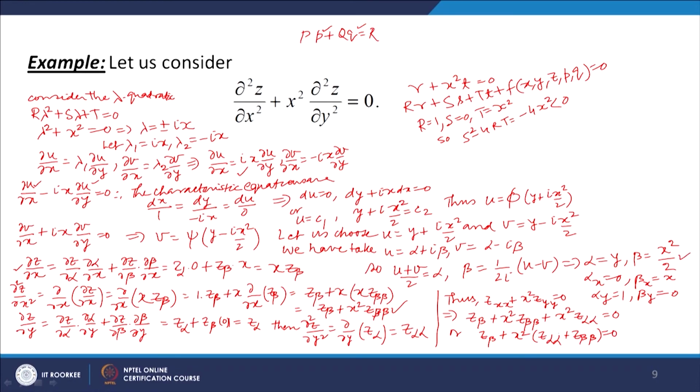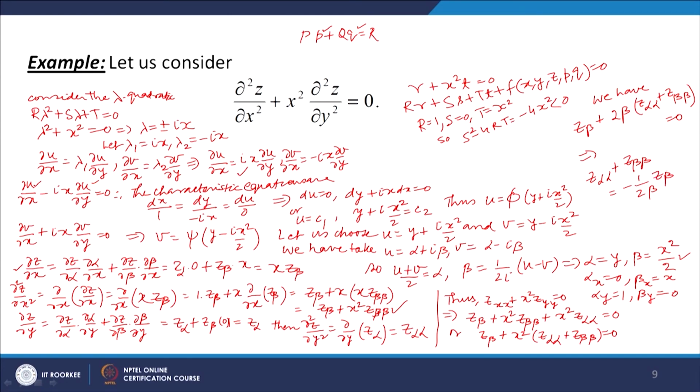Okay. So, what you get? We have z beta plus 2 beta times z alpha alpha plus z beta beta equal to 0, and this gives you z alpha alpha plus z beta beta equal to minus 1 over 2 beta z beta.